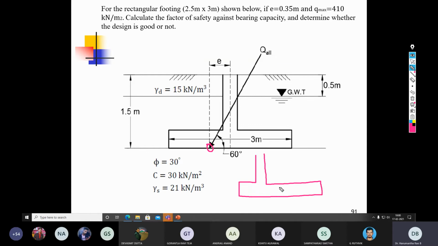This is the original picture, and the above one is some kind of free body diagram. From your structural engineering, you understood the principle of superposition and drawing free body diagrams. The same simplification.